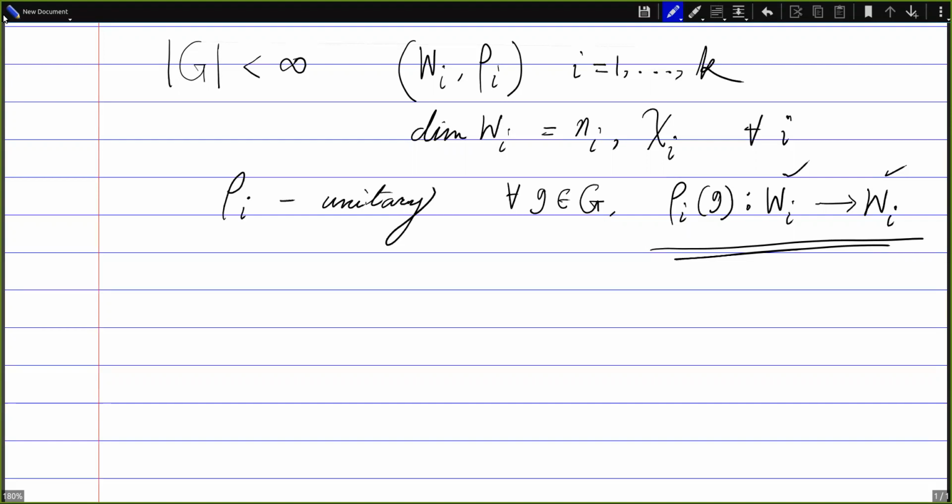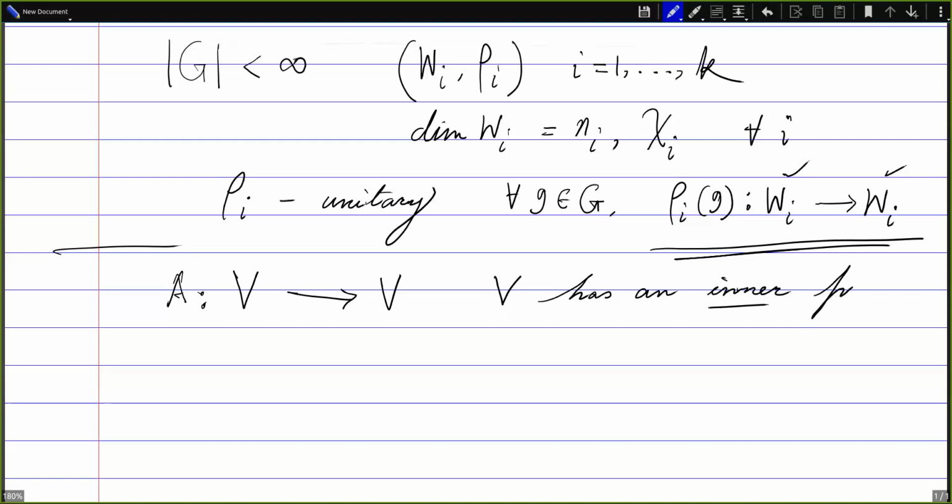Okay, so now since we have assumed unitary, there must be some reason. What's the advantage of working with unitary operators? This is precisely when we want to consider its dual. So recall that V is a complex vector space, and A is a linear operator. Assume further that V has an inner product, a Hermitian inner product.